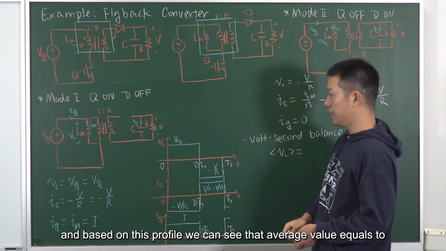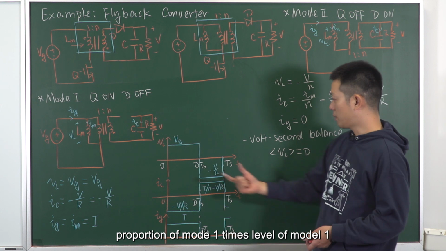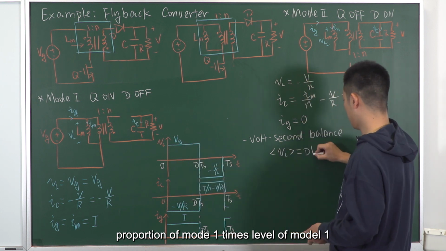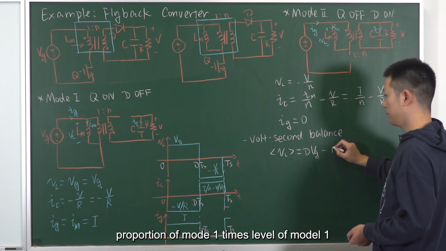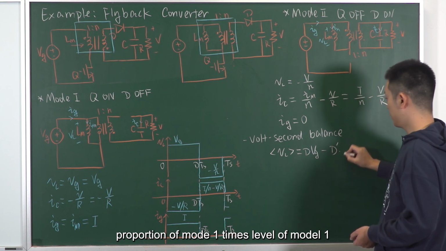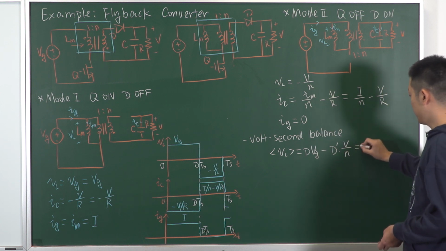Based on this profile, the average value equals the proportion of mode 1 times the level of mode 1, minus D prime times V over N, equals 0.